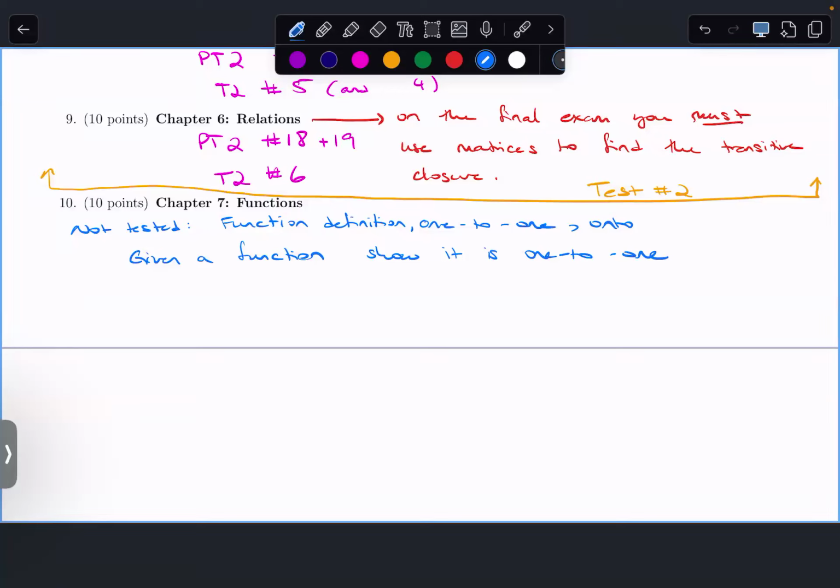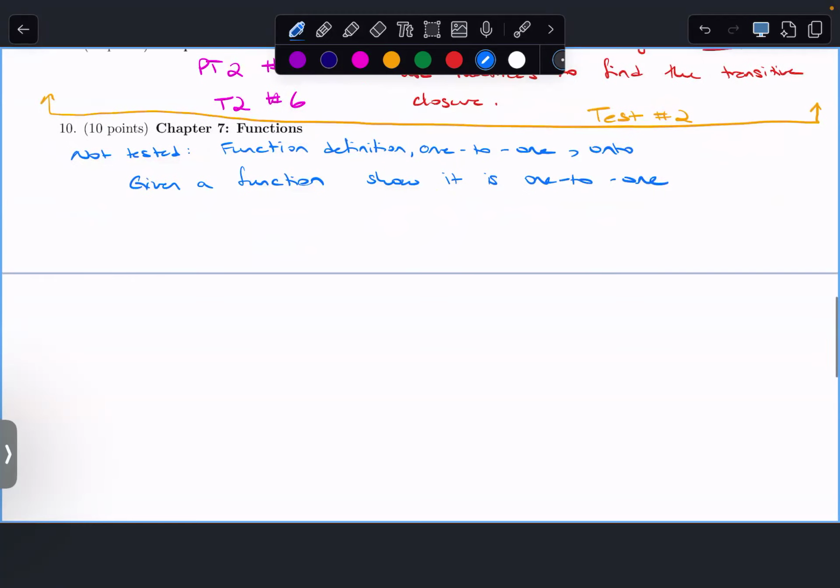You just have to know how to show it, right? Because we need it to be one-to-one for the next part where I get you to find the inverse. Find the inverse.